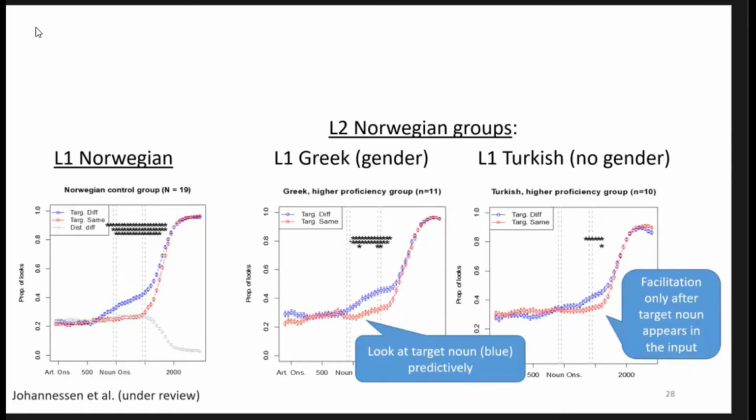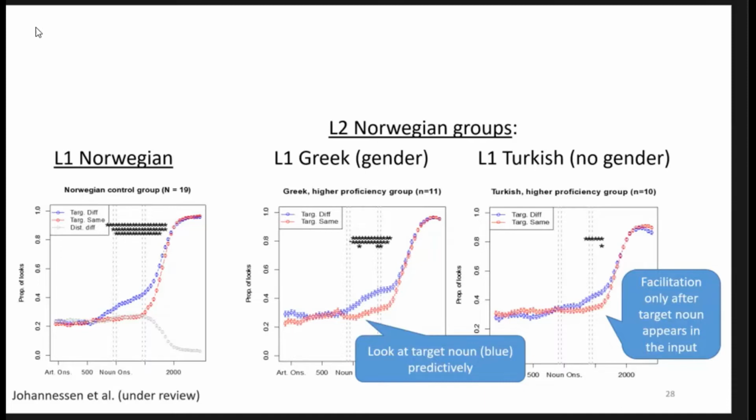The blue line diverges from the red line. So they really use the gender information predictively. The L1 Turkish speakers, on the other hand, you see some divergence, but it comes way later. So when the noun is already presented. So there is something going on, but it's too late to be called really predictive, but there is something going on.